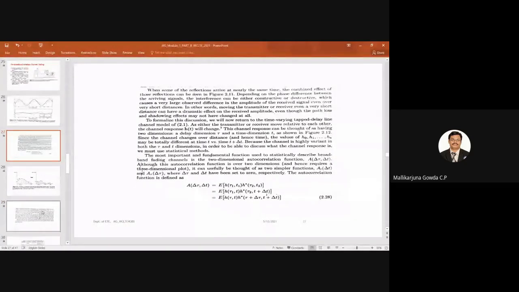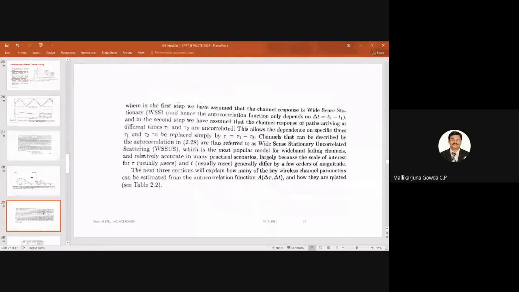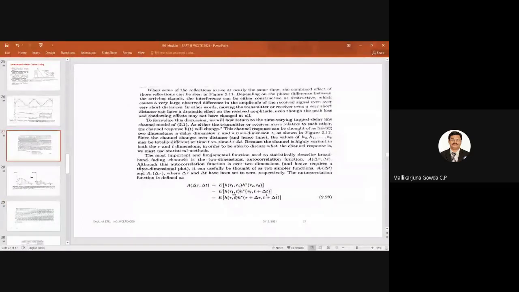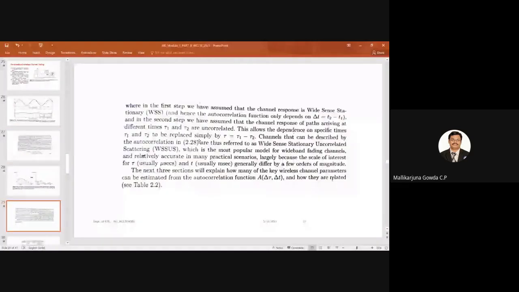Okay, fine. So in the second step, what is shown here? Tau1 t, then tau2 t plus delta t. What I mean to say is, in the second step, we assume that the responses of paths arriving at different times, tau1 and tau2, are uncorrelated. That allows the dependence on specific times tau1 and tau2 to be replaced by simply tau.